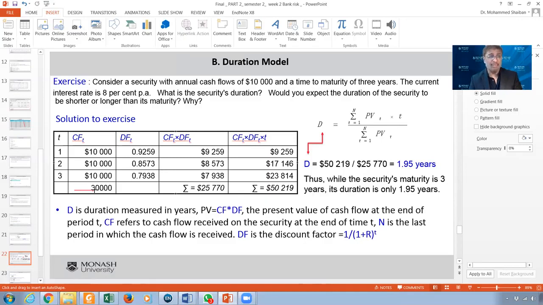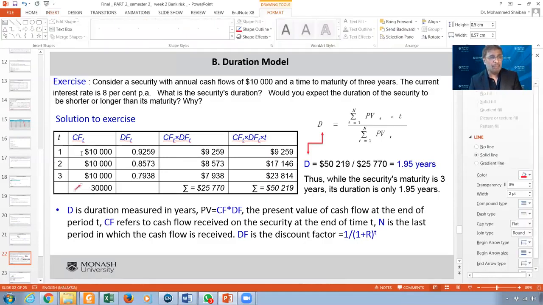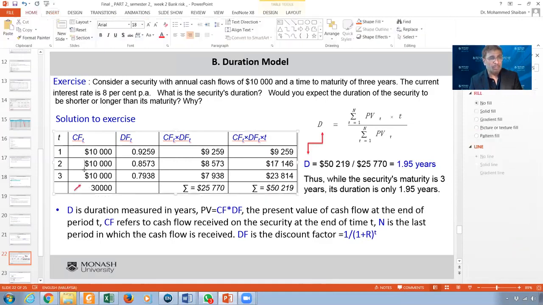Under the duration model, they say no. You have to take the payments, which is year 1, year 2, year 3, and discount them. This is the discount factor of year 1, year 2, year 3. And this is the cash flow times the discounting factor, which makes it 925 for year 1. This is the present value of the first payment, the present value of the second payment, the present value of the third payment. Add them up.